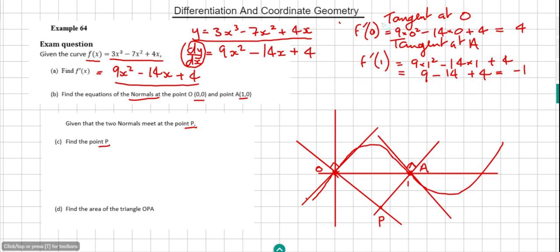Now I can use the fact that for two lines which are at 90 degrees to each other, I can take the negative reciprocal.